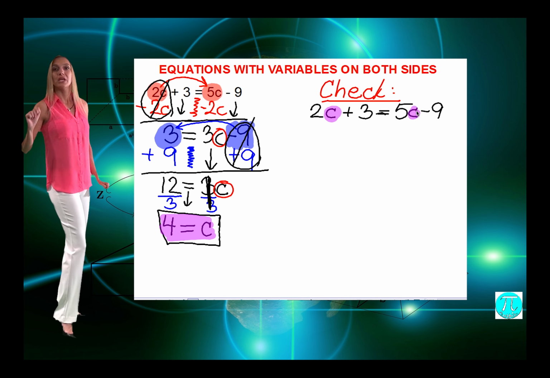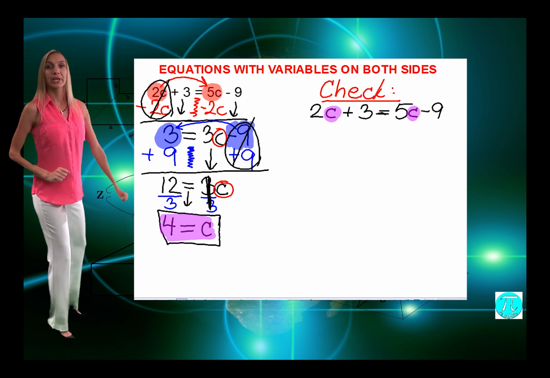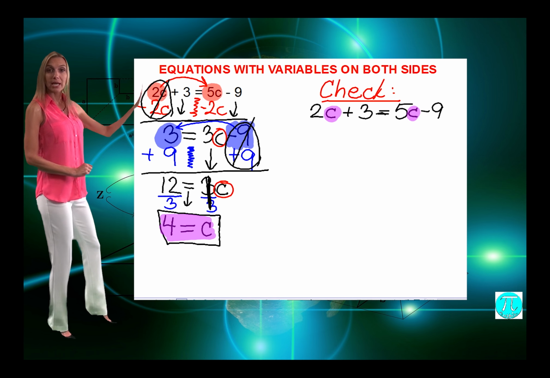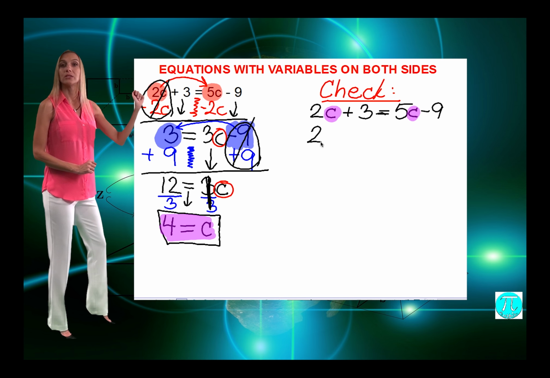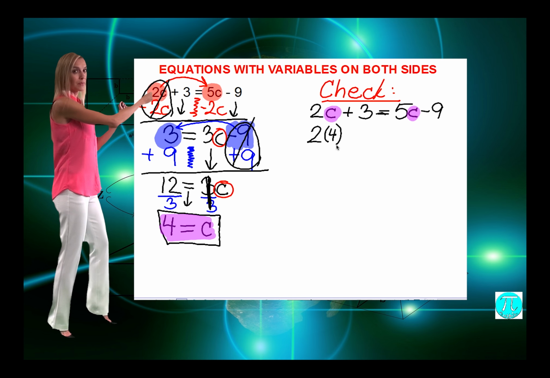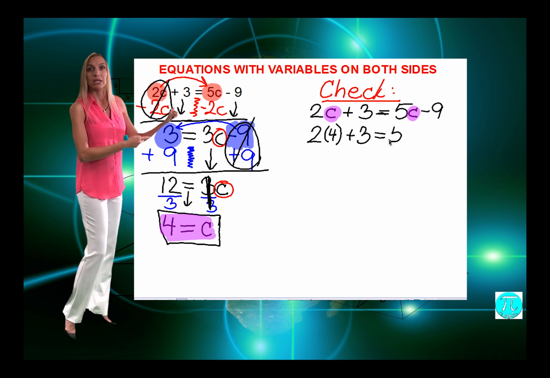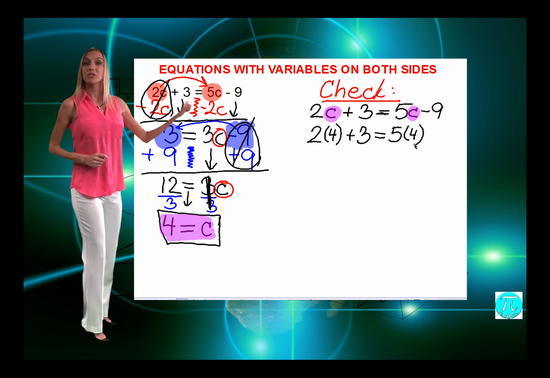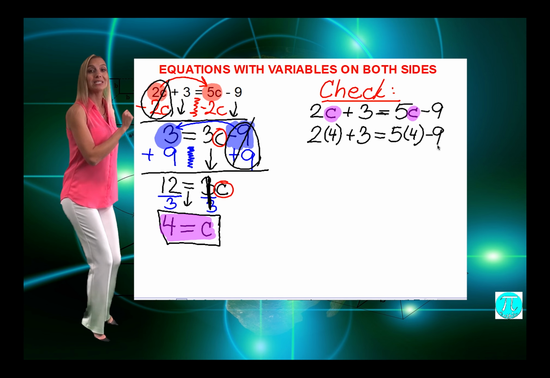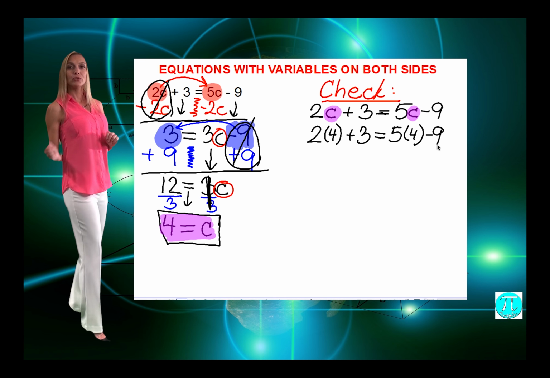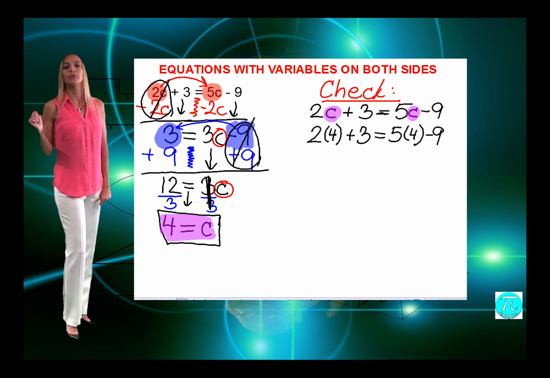Well, let's make sure we are correct. Every c is going to get replaced with the positive 4, so we're substituting in. So 2 times 4, which was 2 times c, plus 3 equal 5 times c, which is 5 times 4, minus 9.